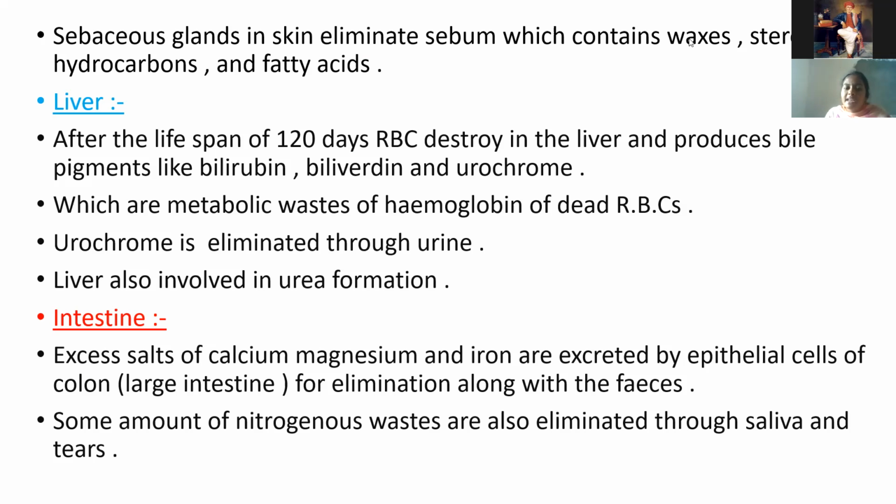They are eliminated along with the feces, the human excretory product. Some nitrogenous waste is also eliminated through saliva and tears. Some waste is eliminated through the feces, and some through saliva and tears.